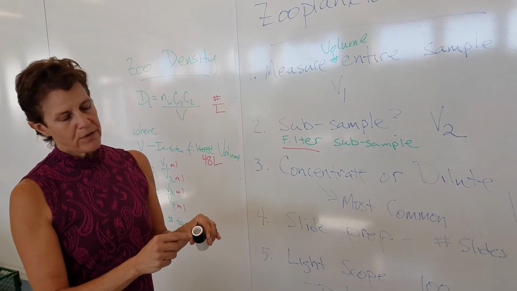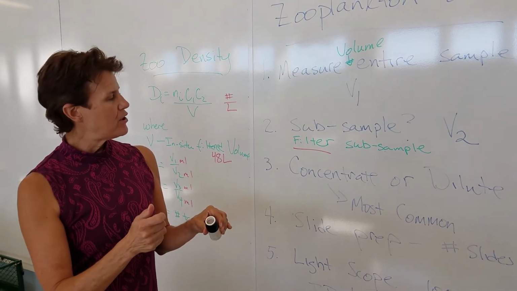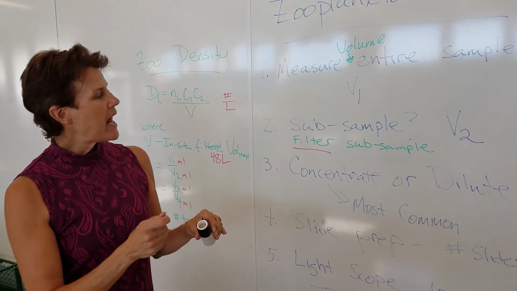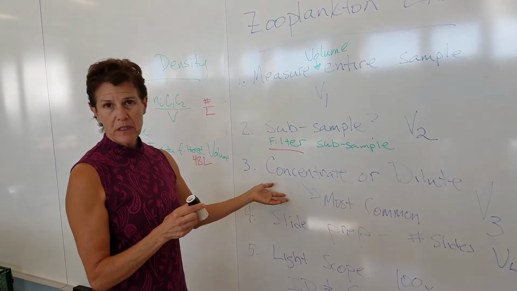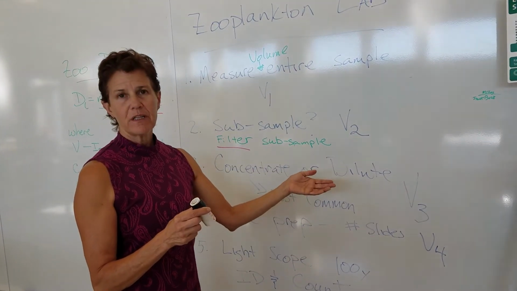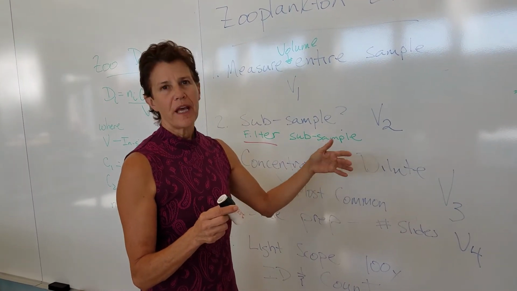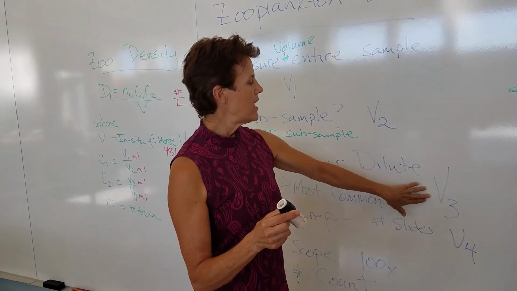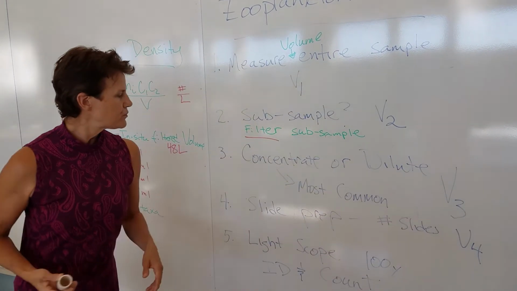So I'll turn my little filter upside down and I'll use a squirt bottle with tap water in it, and I will backwash into a graduated cylinder to 50 milliliters or close to it. So always measure the exact number of milliliters. It doesn't have to be exactly 50, it can be 48 or whatever. So V3 then would be that backwash, normally concentrated sample.